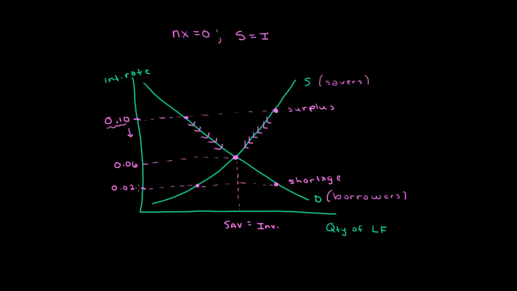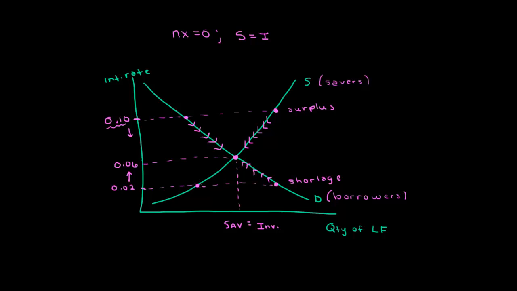They'll be willing and able to pay higher interest rates in order to get their hands on these funds. So they'll start to bid up the interest rate. As the borrowers bid up the interest rate, some of them decide it's not worth doing this project. It's not worth doing the project because the cost of the investment project is going to exceed my expected return. And we'll do some examples in class explaining how to figure out whether it's worth doing a project or not.